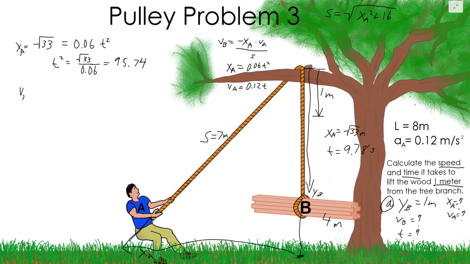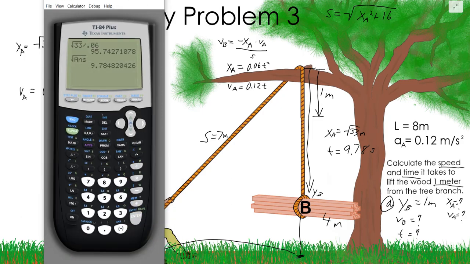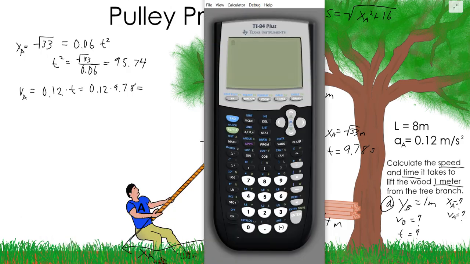So vA is then going to equal 0.12 times t, and our time is 9.78, sorry, I said that wrong, but you know what I mean. So, get our calculator out again. 0.12 times 9.78.